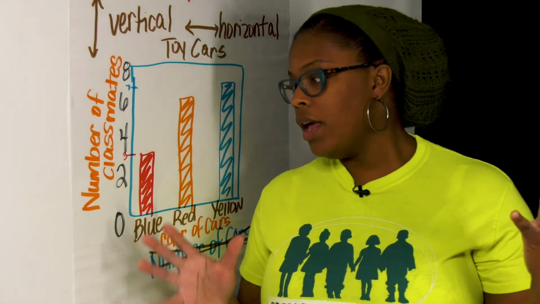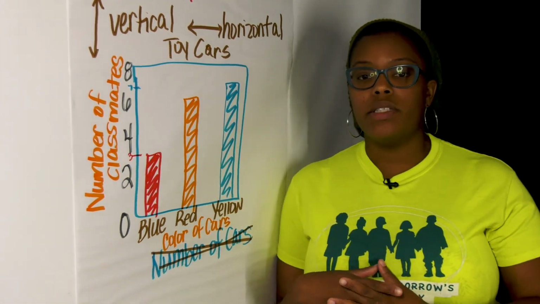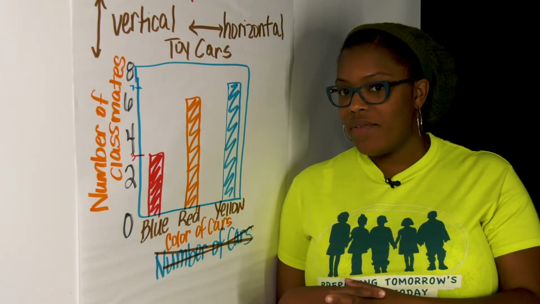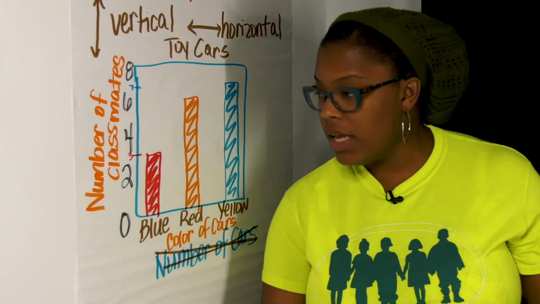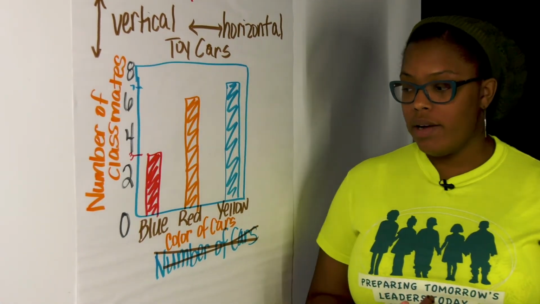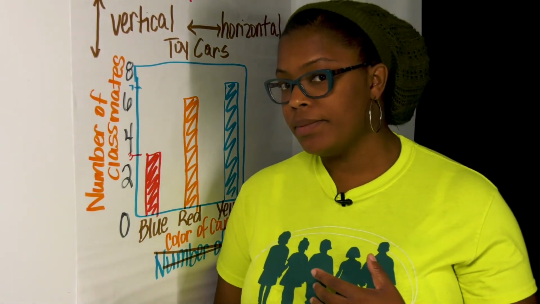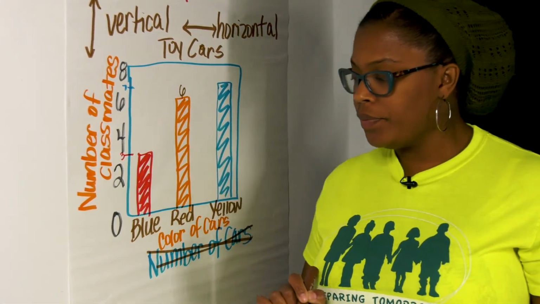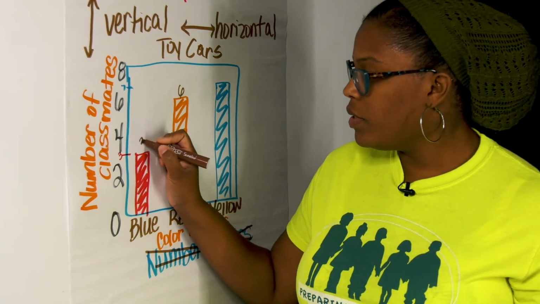And the last thing I am going to do is show you how to pull information from a bar graph. Let's say the question said, how many more classmates have red cars than blue cars? Okay, so we know red cars, the number was 6. Blue cars, the number was 3.